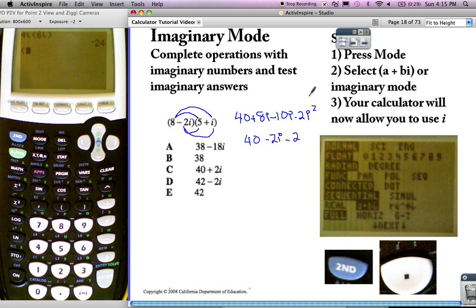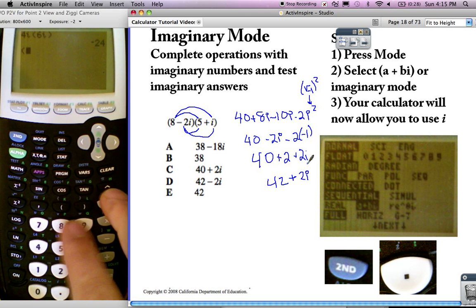And just like the last problem, I have this square root -1 squared, which is -1. So this actually becomes 40 plus 2 minus 2i. Answer is 42. Actually, excuse me, that should be plus 2i. There's no way the calculator could have helped me on this problem.